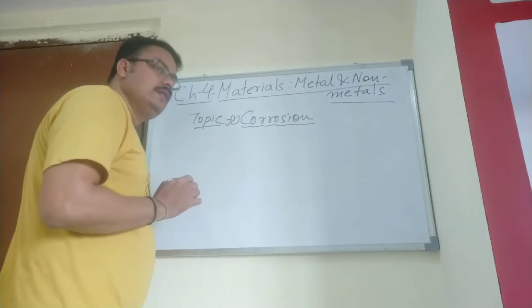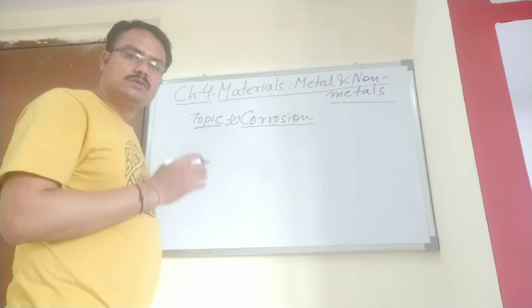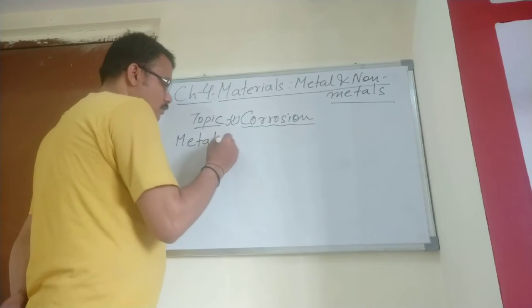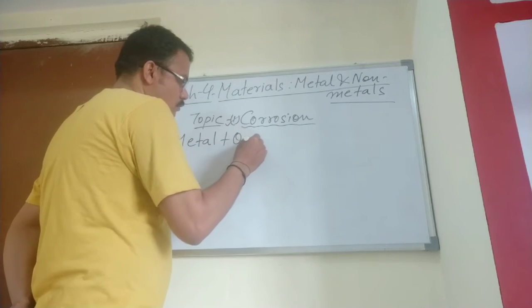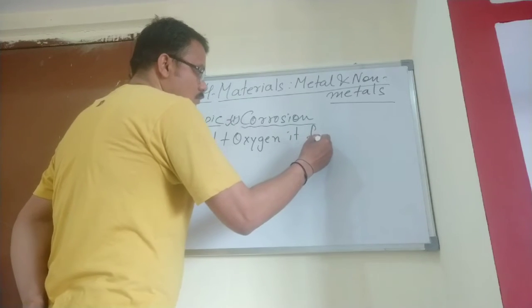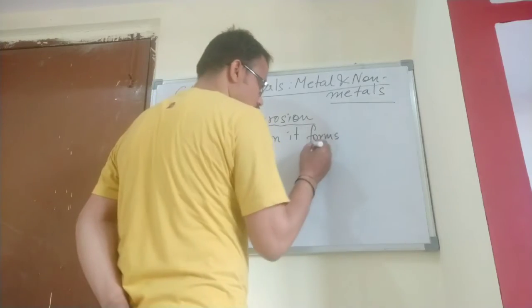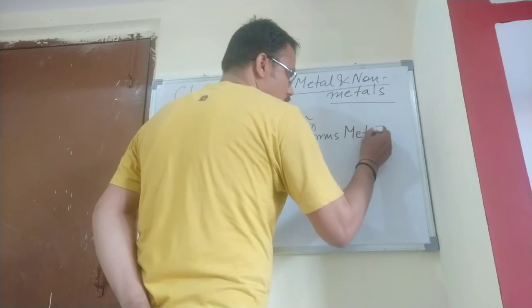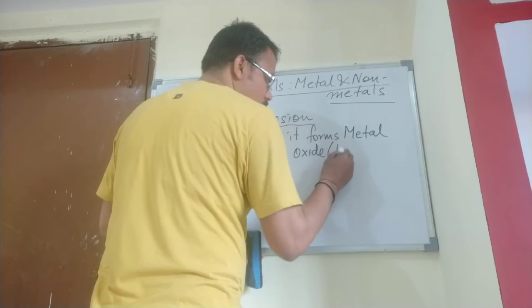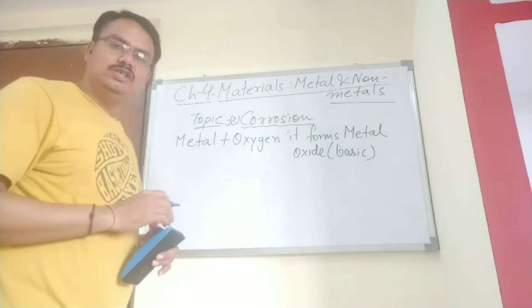So students, you know very well, when a metal reacts with oxygen, it forms metal oxide, that is mostly basic in nature.